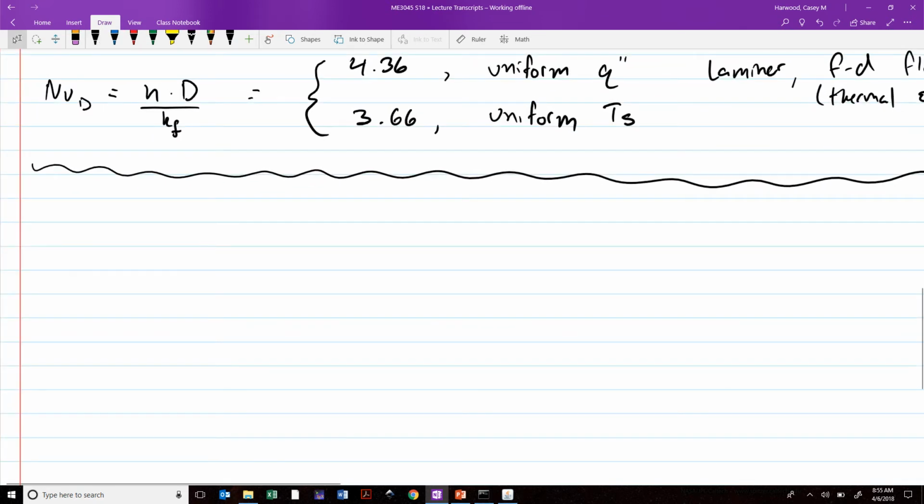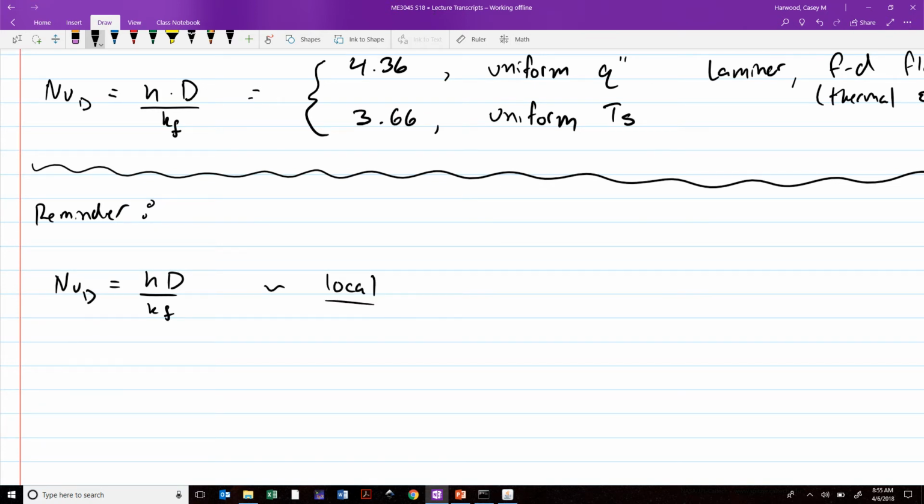I want to remind you again: the Nusselt number based on diameter is equal to hD over Kf. This is our local Nusselt number.